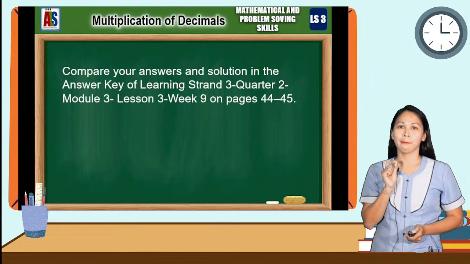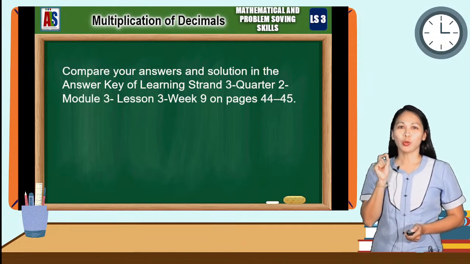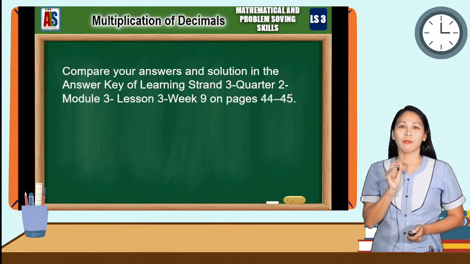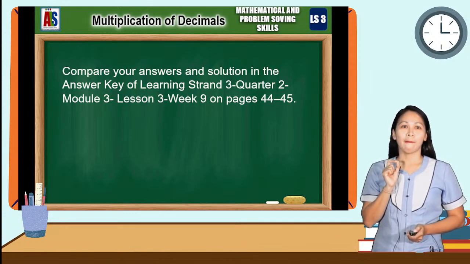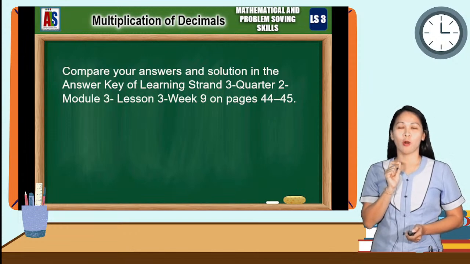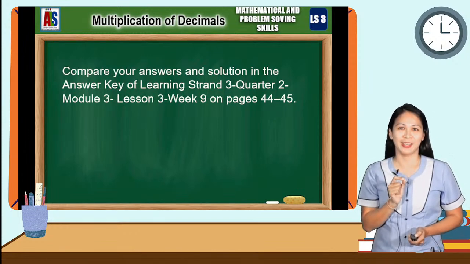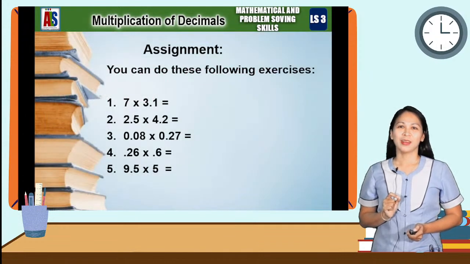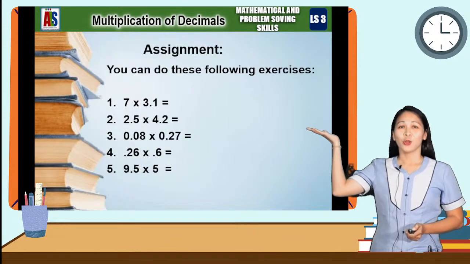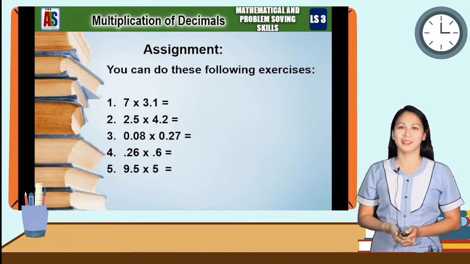That's why 0.25 becomes 25 over 100 times 6 becomes 6 over 10. So the answer is 150 over 1000, or 0.15. Okay. So now, for your assignment, do the following exercise.